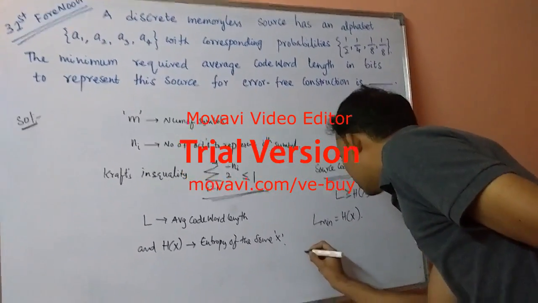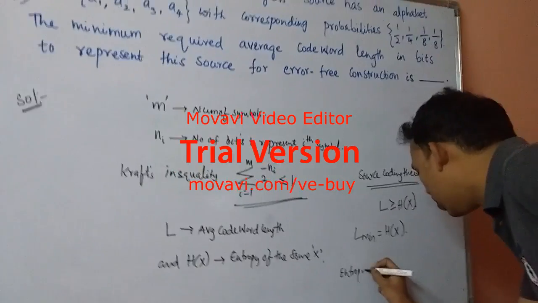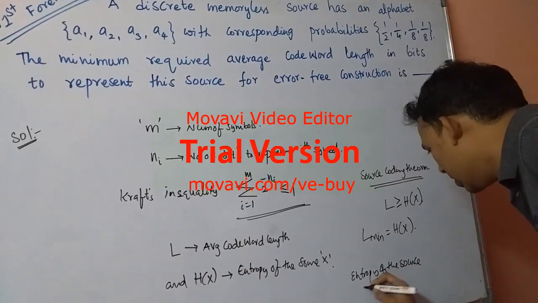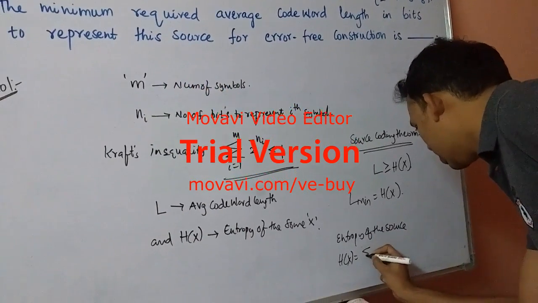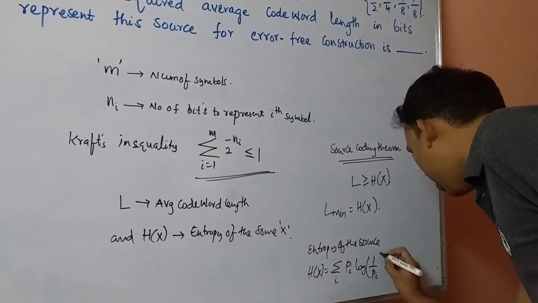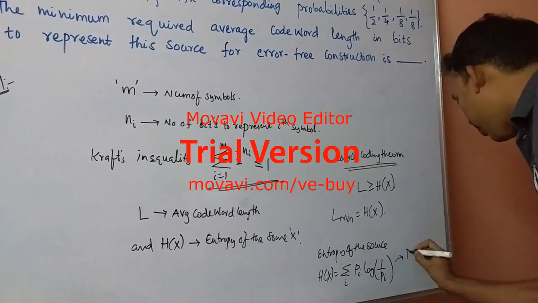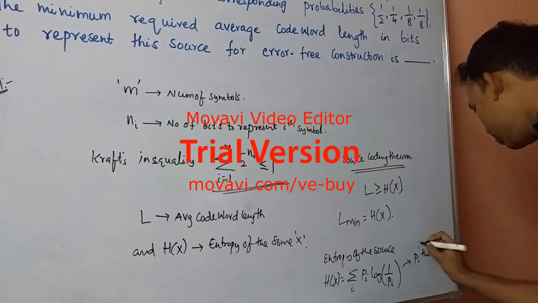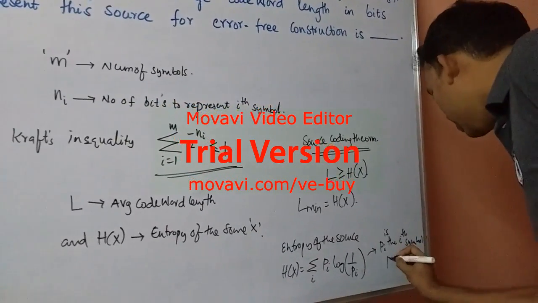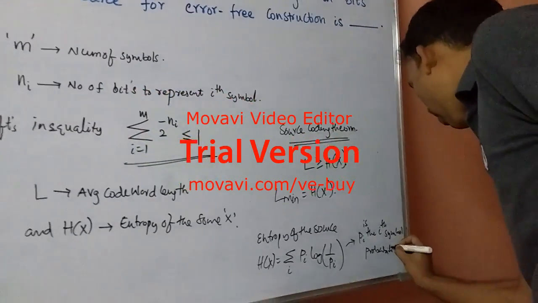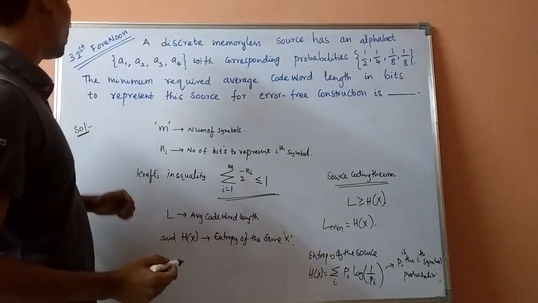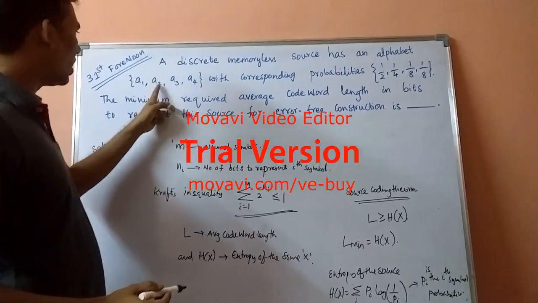Then the entropy of the source is summation over i of p_i into log of 1 by p_i, where p_i is the ith symbol's transmitted probability. So here it is given, 1 by 2, 1 by 4, 1 by 8, 1 by 8 for symbols A1, A2, A3 and A4.